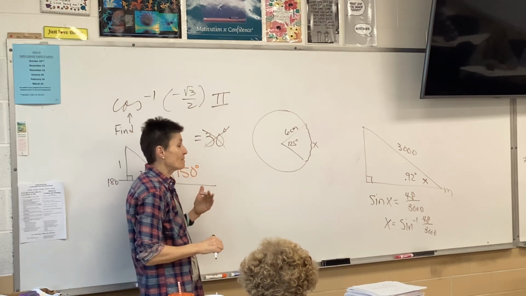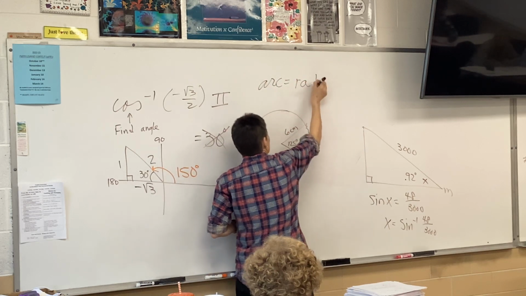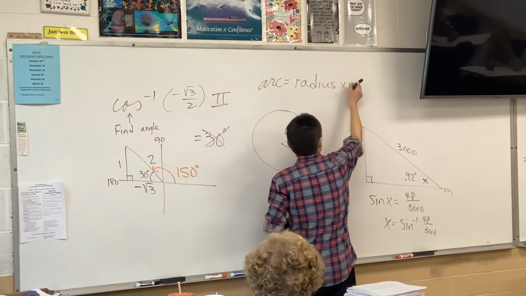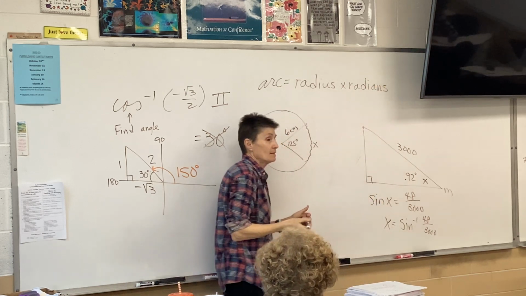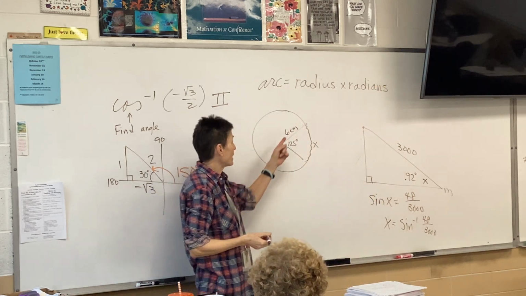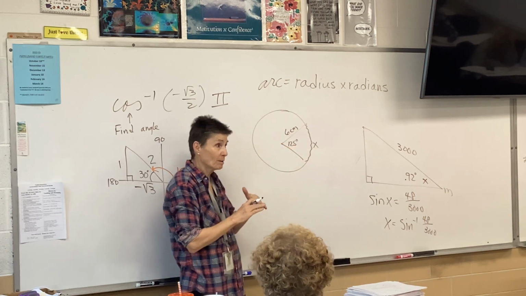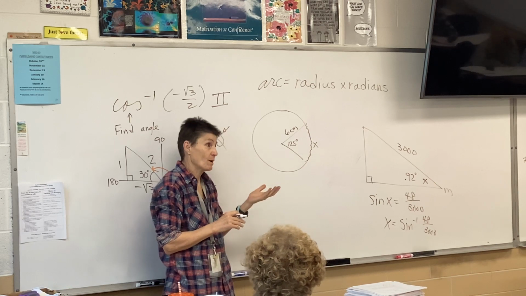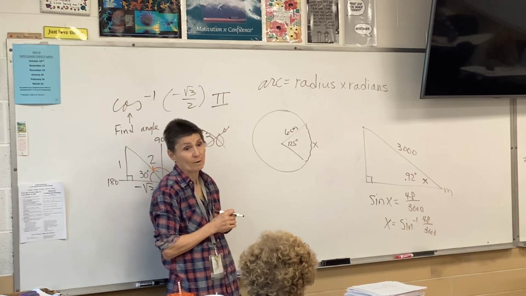The minute somebody says to me, find the arc length, I think of radius times radians. Now, you don't have to think that. Arc length is always radius times angle. That's what it is. The problem is, the angle has to be in radians. You can't do the multiplication if you're not in radians.